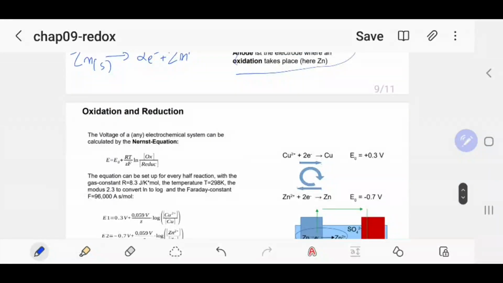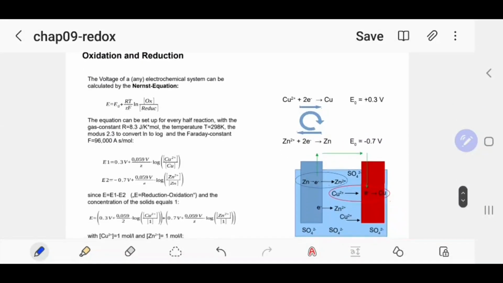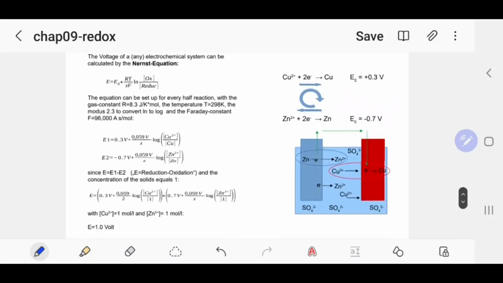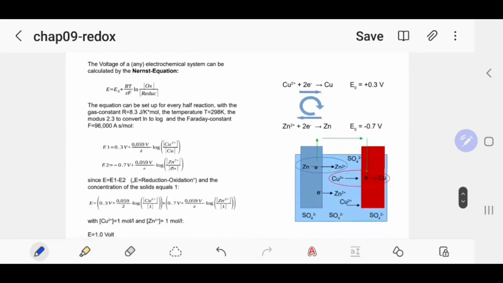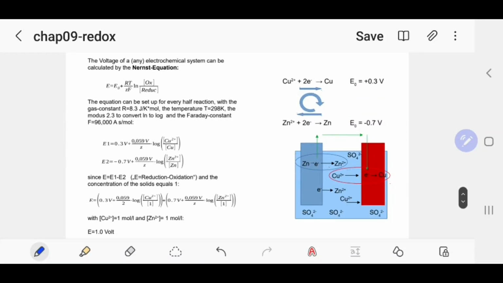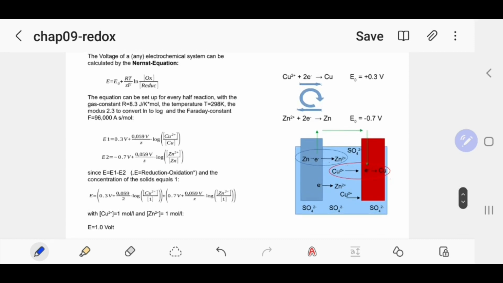Now, if we want to calculate the voltage of a battery, there is actually a complex formula which we will not go into its math, but we will just explain it briefly.